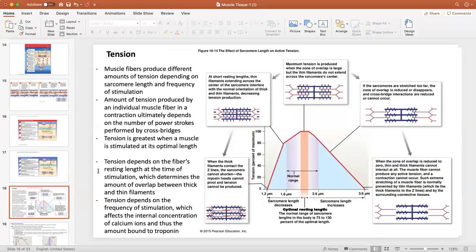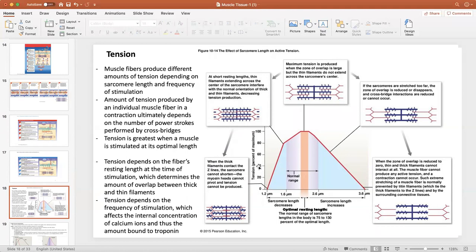Now, we have tension built up in our muscles when we contract our muscles. During the cross bridging, when the thin filaments slide over the thick filaments, that's developing tension in the muscle. And there's a way to develop optimal tension, and then there's ways in which we have less optimal tension.